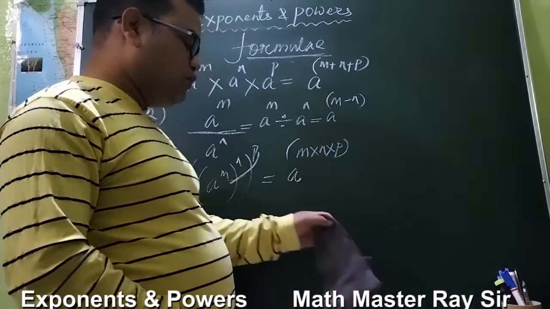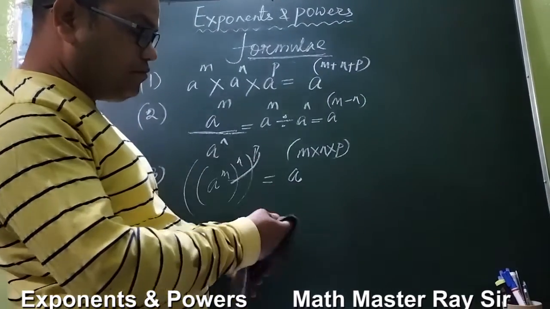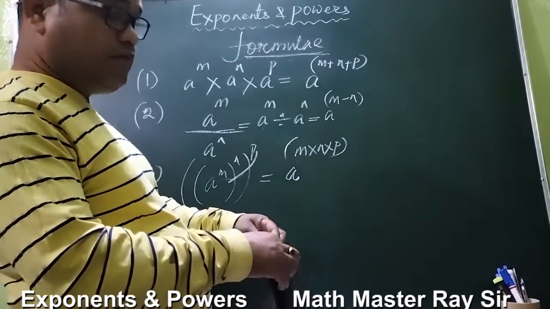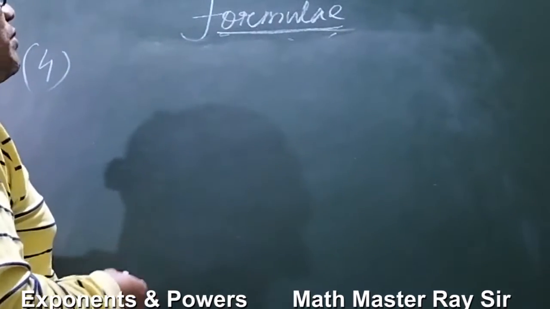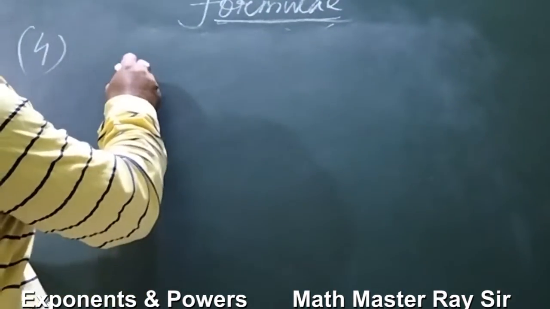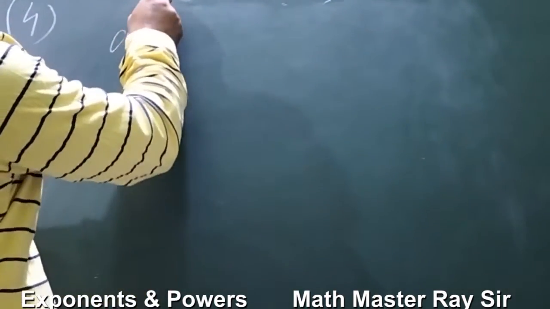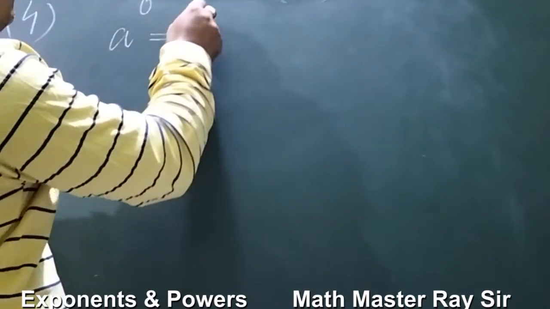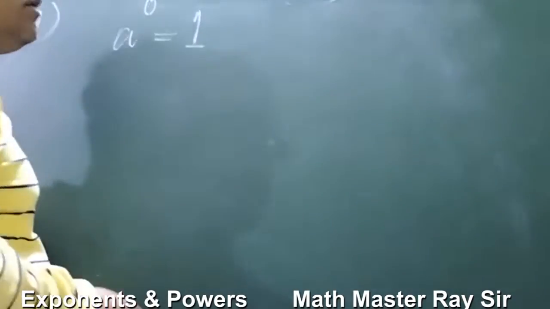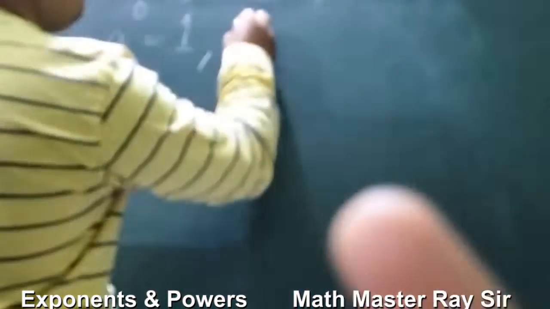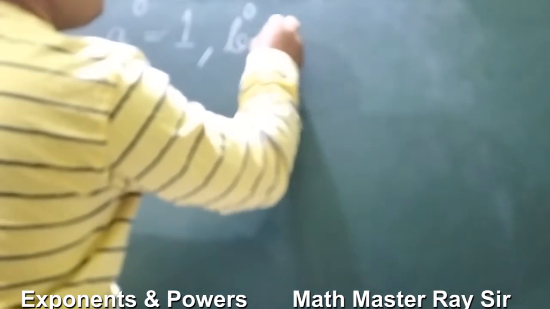Now come to the fourth one. Any number to the power 0 becomes 1. A to the power 0, or you can write b to the power 0, that is also 1.